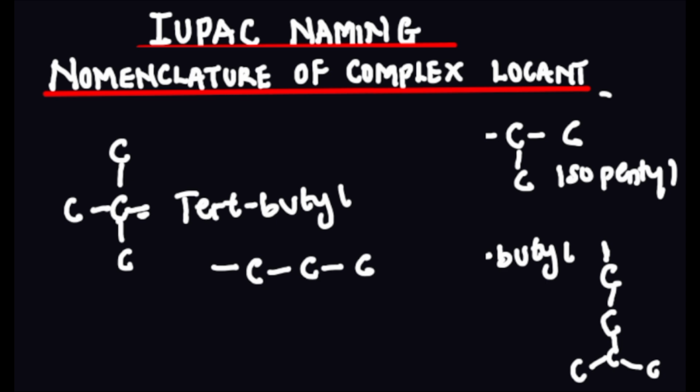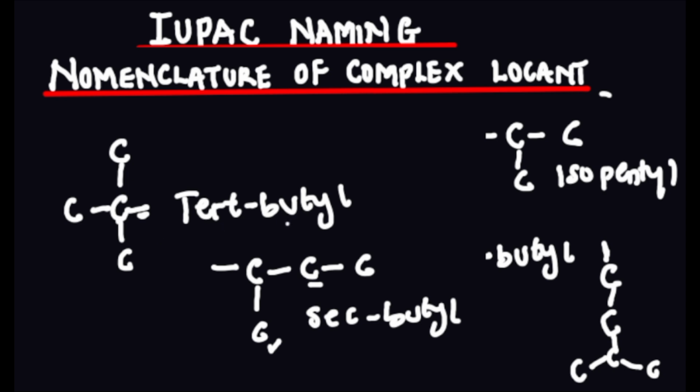This is secondary. The bond here is connected to this carbon, and this carbon is directly connected to these two other carbons. That's why it is called secondary butyl. And tertiary butyl, because the bond is connected to this carbon, and this carbon is connected to three other carbons. That's why it's tertiary butyl.